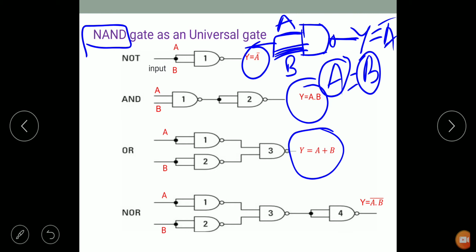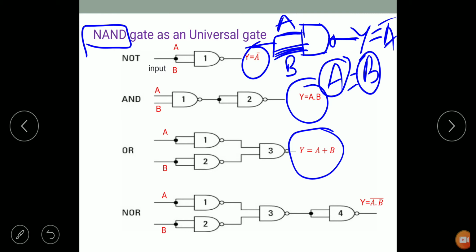Because we short circuit both the inputs, so A is equal to B. If we pass A through the NAND gate, then we get the output Y is equal to A bar.